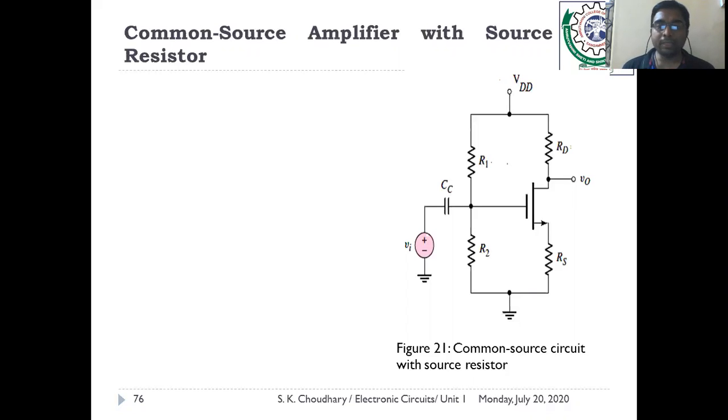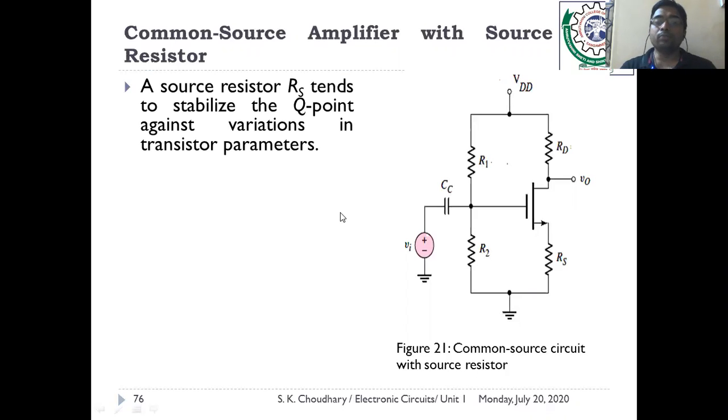So, what is the benefit of adding the source resistor in the common source amplifier circuitry? It would stabilize the Q point against variation in the transistor parameters. On what factor does the Q point actually depend?